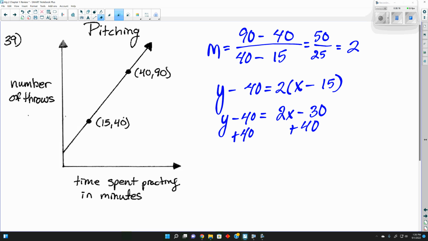Add 40 to both sides. And that's it. Questions on any of this here? We feel comfortable with this? Yeah, you can use that on the test. Any other questions on this here?